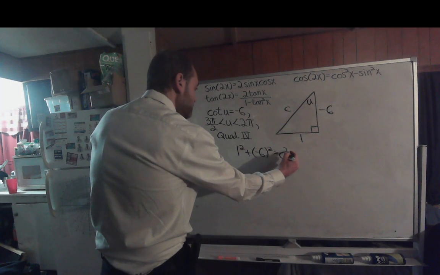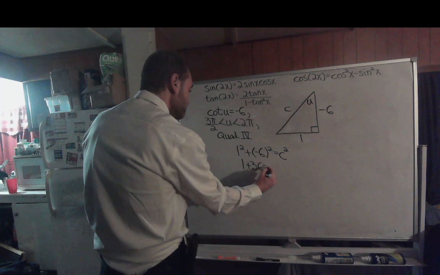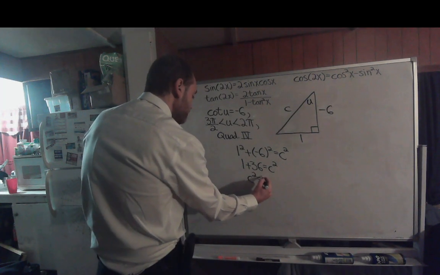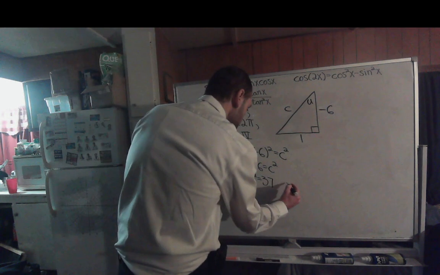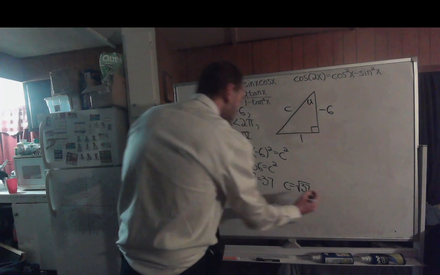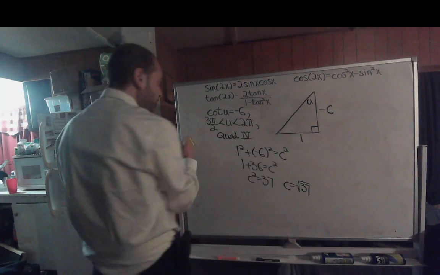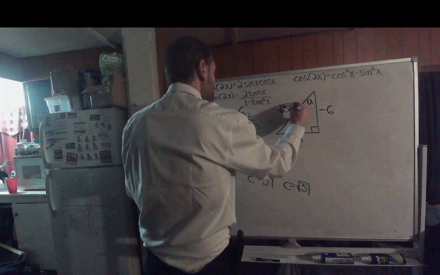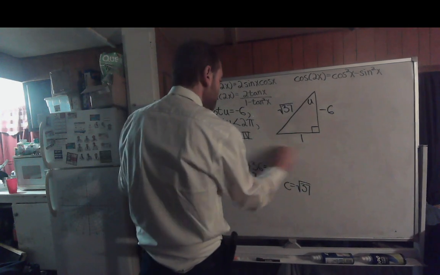That'll be C squared. So 1 plus 36 equals C squared. C squared equals 37, and your hypotenuse is always going to be positive, so that hypotenuse has a length of the square root of 37. So now we know the length of the hypotenuse.